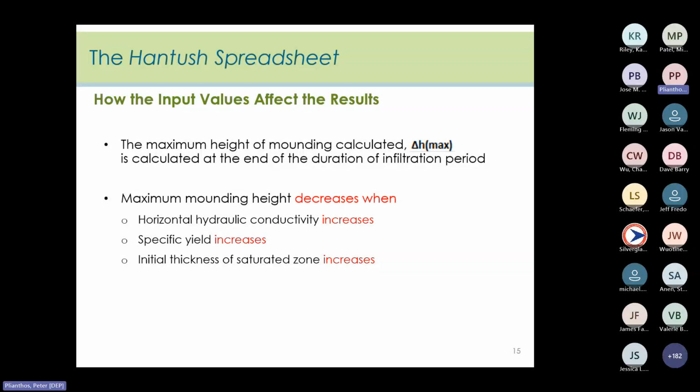However, the hand-touch spreadsheet does not further calculate the mounding as it spreads out over time. We'll talk about this further in just a moment. A lower mounding height will happen when horizontal hydraulic conductivity increases, specific yield increases, or the initial thickness of the saturated zone increases.